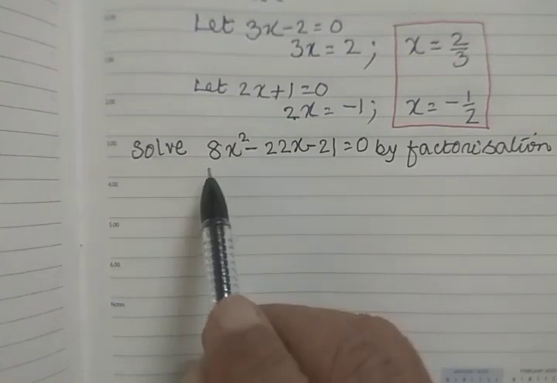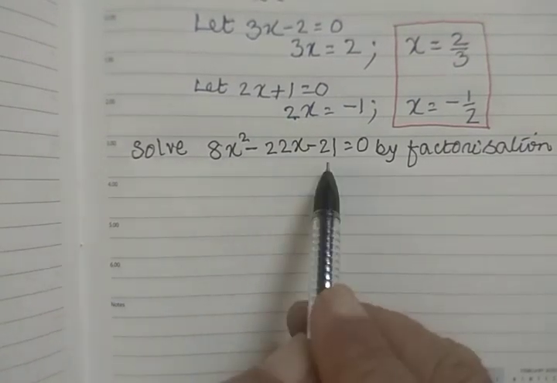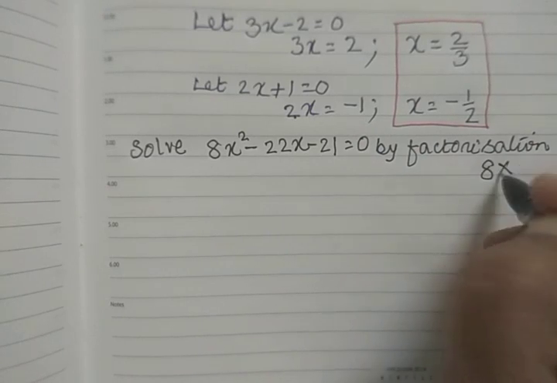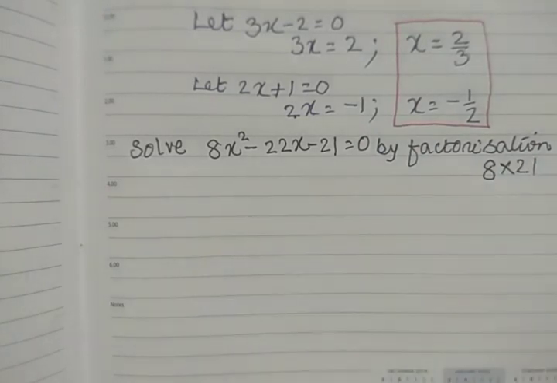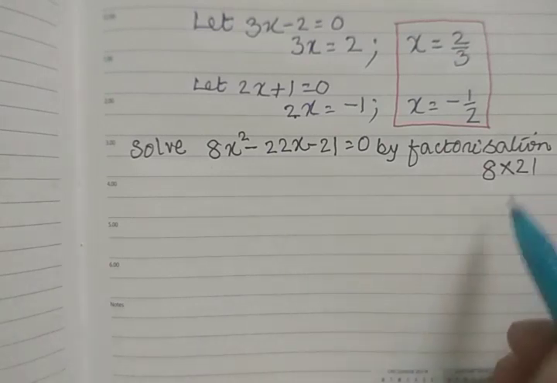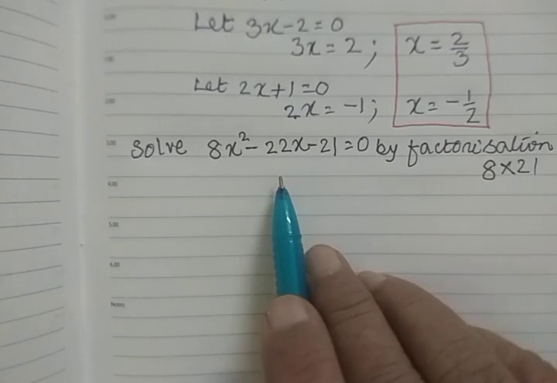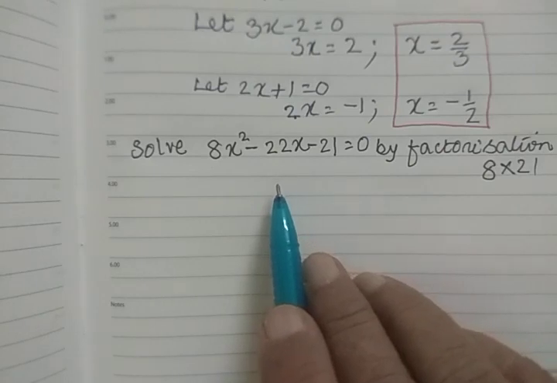We take the product of 8 and 21. Clear? By multiplying we should get this much, and by adding we should get minus 22.